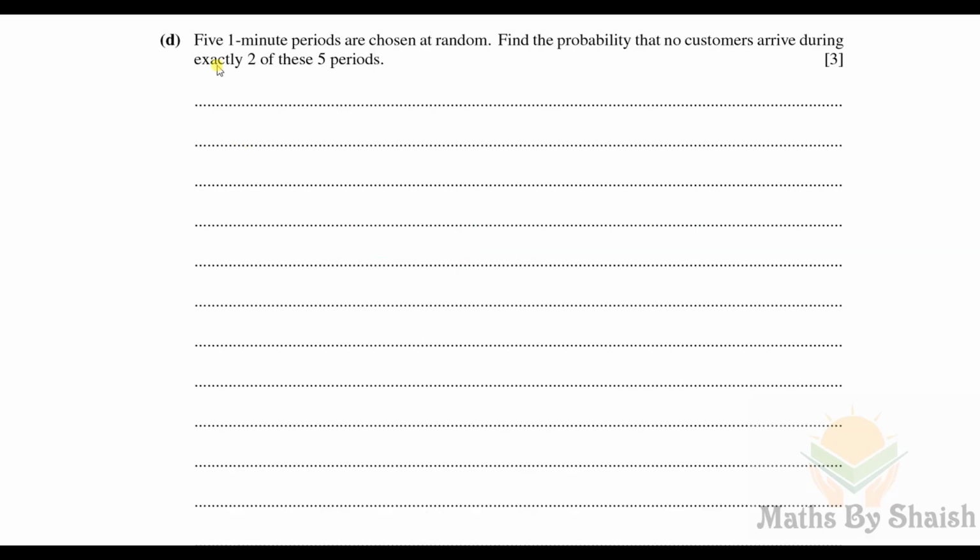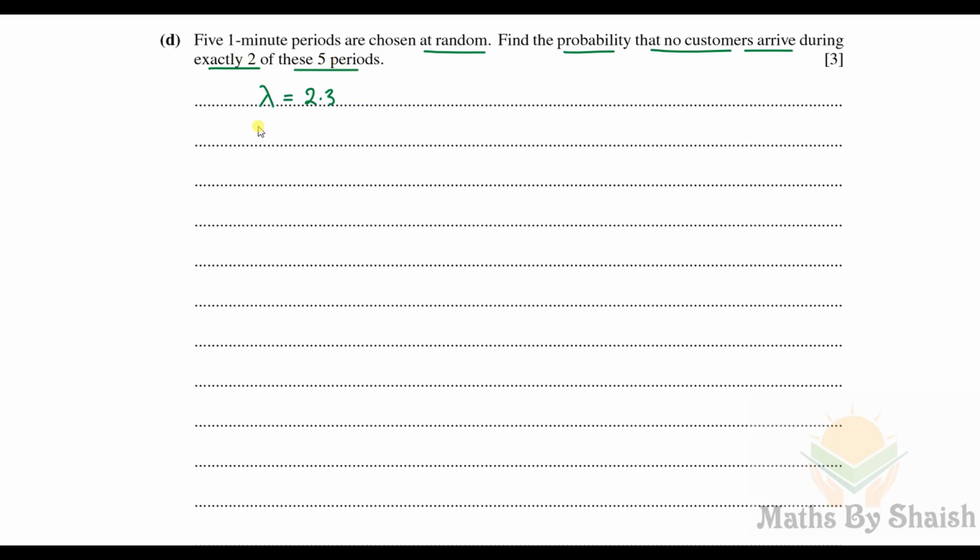5 1-minute periods are chosen at random. Find the probability that no customers arrive during exactly 2 of these 5 periods. So for a 1 minute period the lambda was 2.3, and we can see it's 2 out of 5, so it's a binomial.